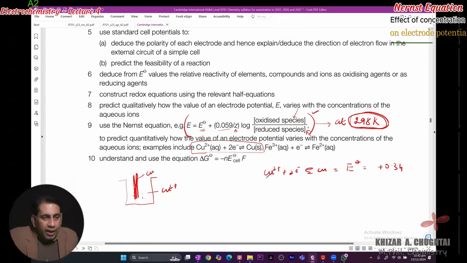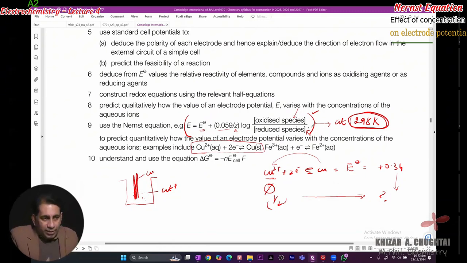At that time, its concentration is 1 mole per dm cube. If I'm going to decrease its concentration to half, for example, then what will be its new potential? Obviously, if its concentration is decreased, the equilibrium will shift backward, and its potential will decrease. But up to how much extent we cannot predict without this Nernst equation.